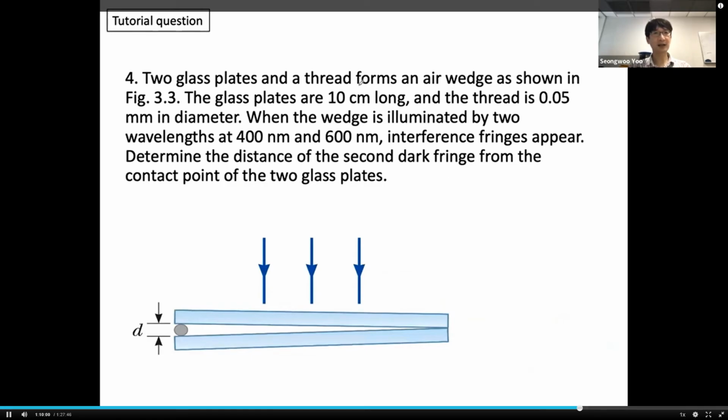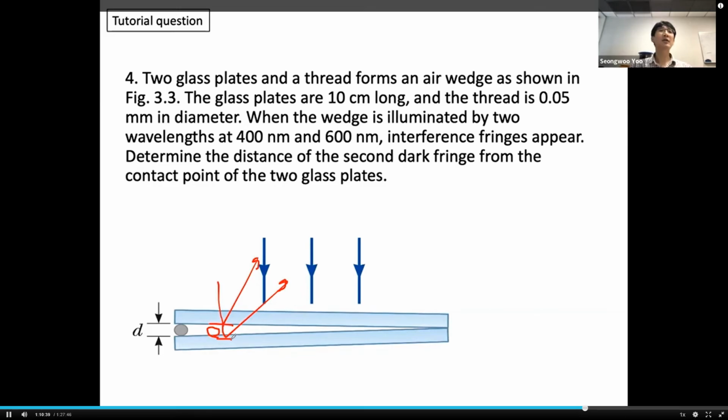So two glass plates and a thread. This is again another tutorial question. Let me try to explain how we should approach this. Two glass plates and a thread form an air wedge. Most likely we will look at the two reflections around this air gap. In other words, the first reflection is reflected by this first interface between the air and the glass, and then the second reflection, illustrated like this, is reflected by the second interface between the air and the glass.